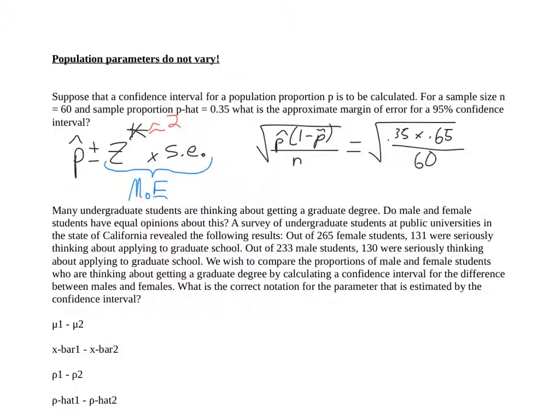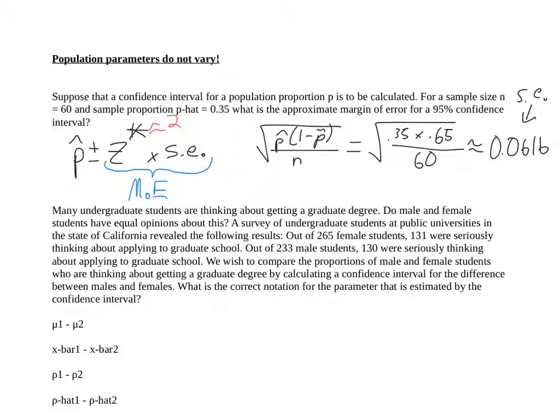Right? So we're going to plug that into a calculator, and the answer we're going to get is going to be approximately 0.0616. Okay? So that's our standard error. So let's just remember that's the standard error here. And now to find the margin of error, we talked about it before, we have to multiply by approximately 2, right?